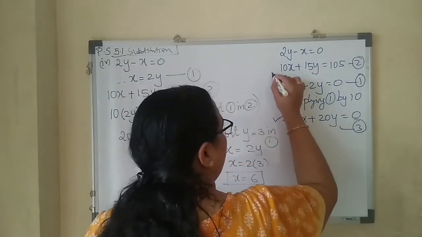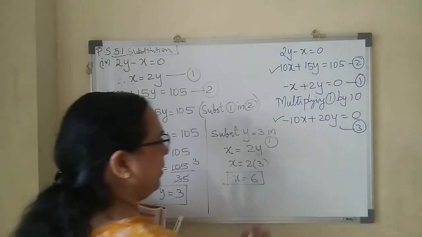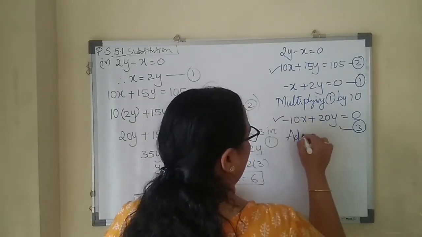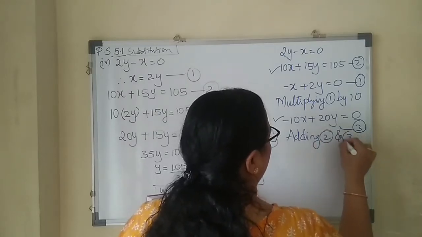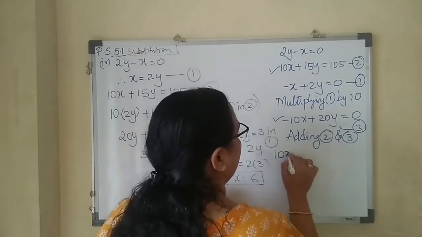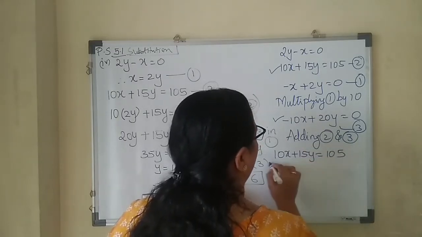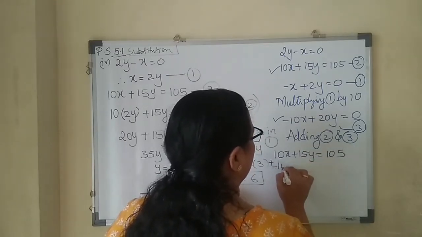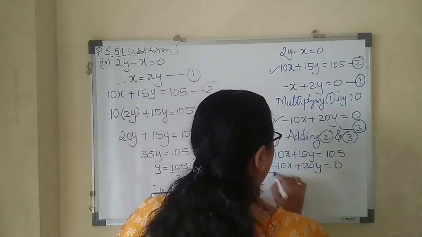Now you concentrate on 3 and 2. What do we do? We add. Adding 2 and 3: 10x plus 15y equals 105, plus minus 10x plus 20y equals 0.